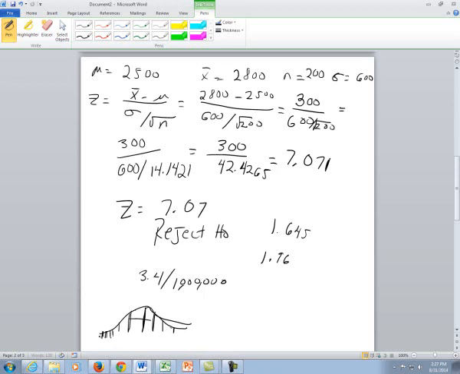You're way down here in this tail, and the probability of making a type 1 error is next to nothing. Like I said, 6 standard deviations is 3 in a million chance of making an error. 7, it's probably going to be like 3 in 10 million. So whenever you see a test stat this big, reject the null hypothesis.